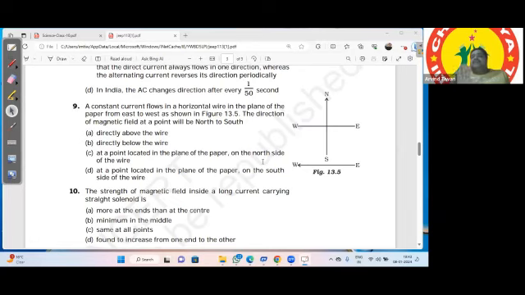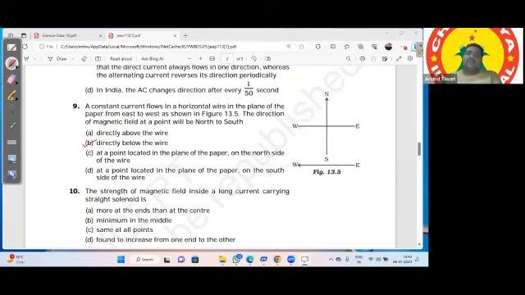Then, since my hands are above the wire, I feel like the wire is placed in front of me. I can see that above the wire, the magnetic field lines are from south to north, and below the wire, they are from north to south. So the correct option is not A, it's B.